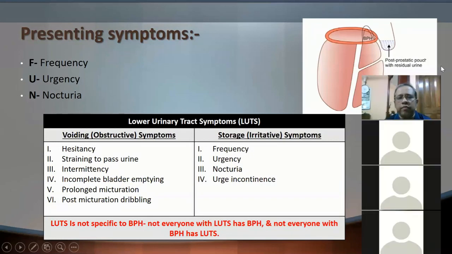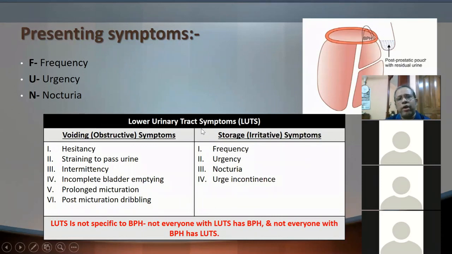These three symptoms can tell you the patient may develop benign enlarged prostate. So for easy remembering, these three things: FUN. It is very easy to remember in English. So frequency, urgency, and nocturia.